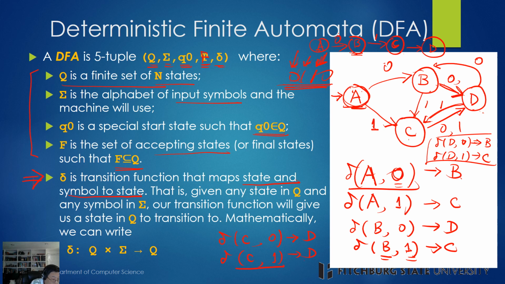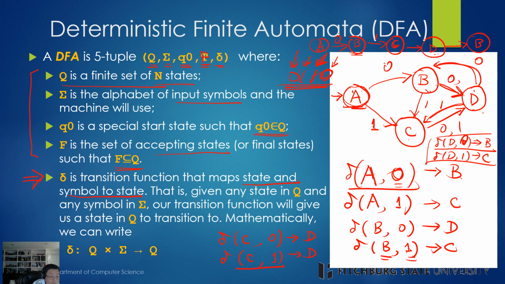Now the current state is D, and the last symbol is 0. So we have D and a 0, which goes all the way back to B. So this finite automata will take the input 0110, and eventually it will reach B at the very end because there's no more input.